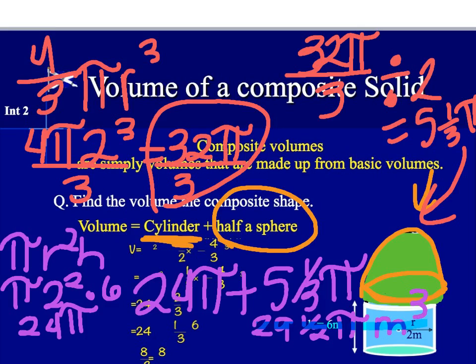This answer right there. That's my answer. 29 1/3 pi meters cubed. So if it's composite figures, all you do is find the volume of the two shapes separately, then add them together at the very end.